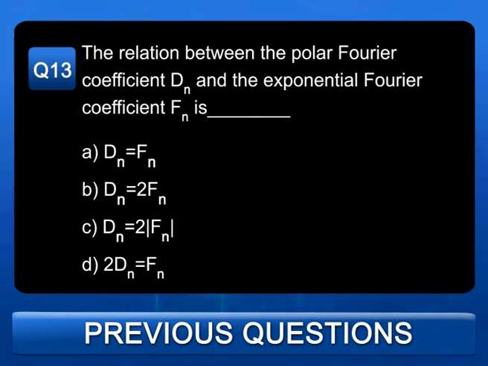C is the polar Fourier coefficient dn is equal to twice the mod of the exponential Fourier coefficient fn, and D is 2 times the value of the polar coefficient dn is equal to the exponential Fourier coefficient fn.